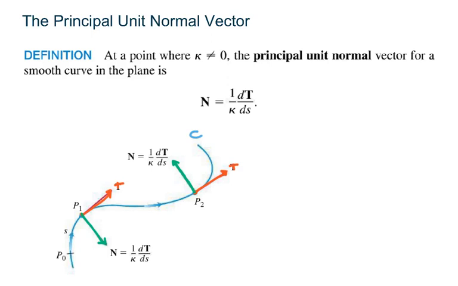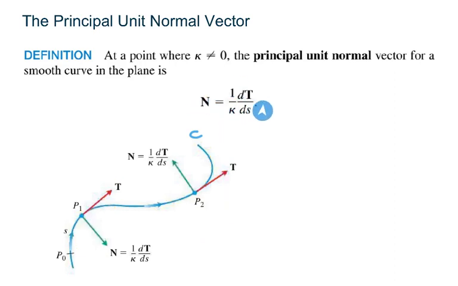It's really important to note that N always points in the direction the curve bends, into the concave region. If I were to draw it pointing out the other way, that would be wrong. It's always pointing into the curve.